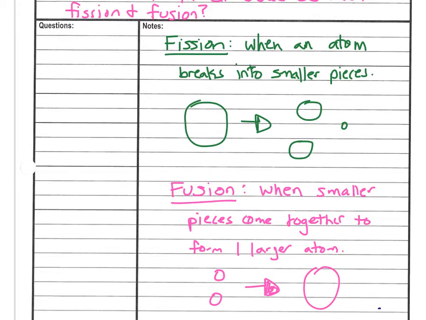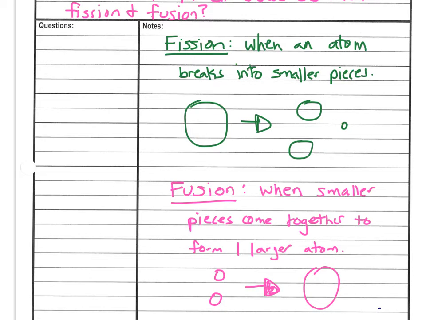Now when we compare fusion and fission to chemical reactions, fission is like decomposition where a compound breaks up, and fusion is like synthesis where the two smaller pieces come together. In the reaction equations, they look like the opposite.